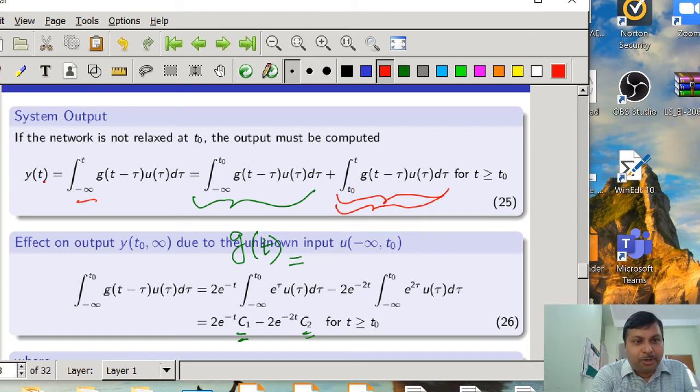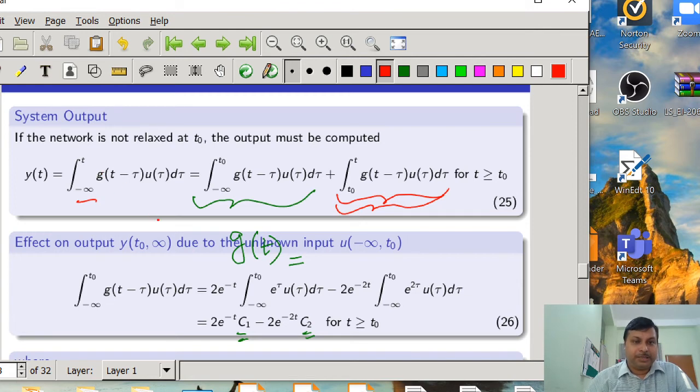And the part which depends on minus infinity to t0 of g(t minus tau) u(tau) d tau, we have calculated: it is 2 into e to the power minus t c1, minus 2 into e to the power minus 2t into c2. So y(t0) will simply be 2 into e to the power minus t0 c1, minus 2 into e to the power minus 2t0 c2.